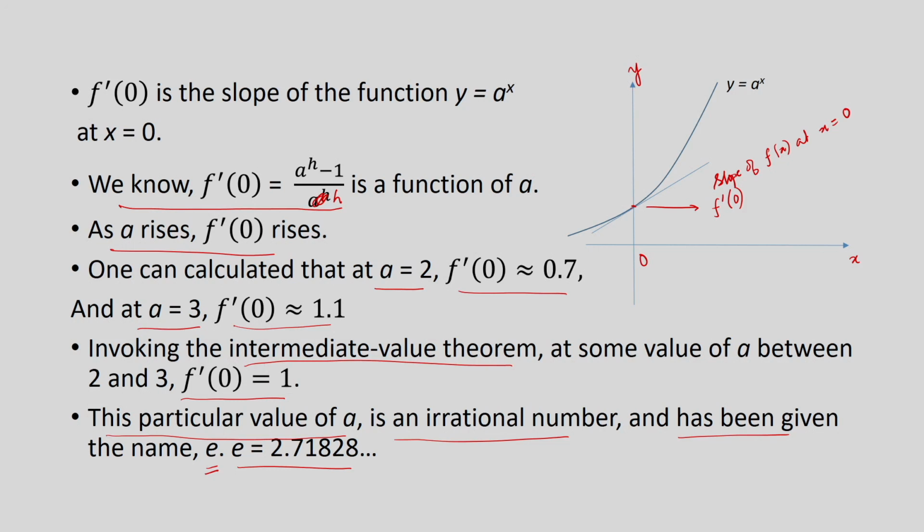So, the main thing that we are getting here is that I have defined a quantity which is small e, and what this e does is that at this particular value, if I take a is equal to e, then f dashed of 0 is equal to 1. Okay, the slope becomes equal to 1.